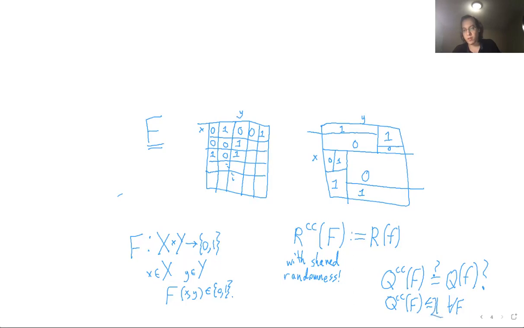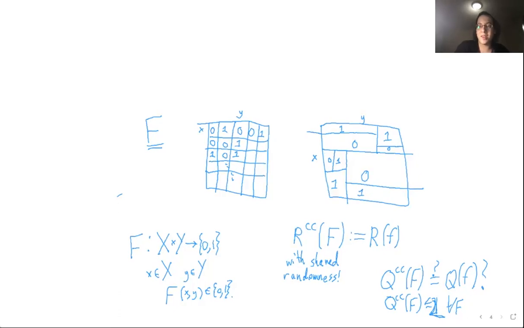Okay, the idea is that, sorry, I got confused here a little bit. If we set QCC of f to equal Q of the query function little f, then QCC of f will be at most 2. This is what I'm trying to say. I feel like I've been saying it wrong, so let me say it again here.